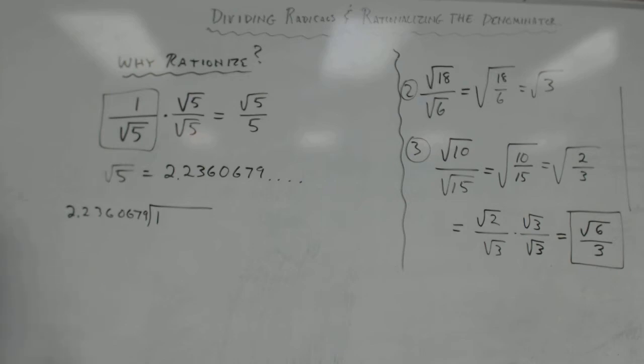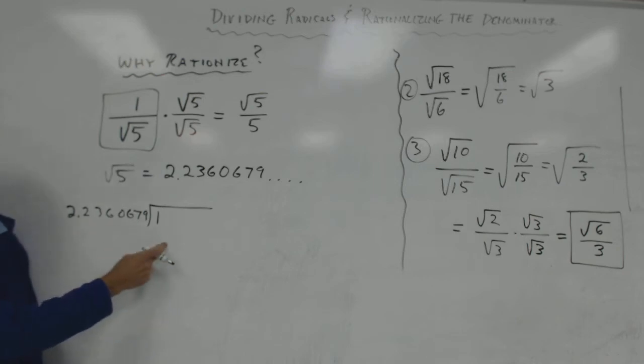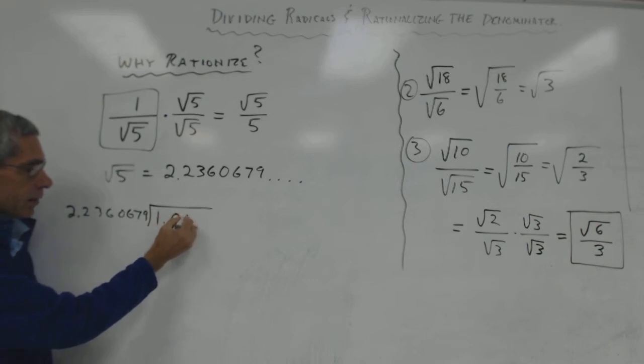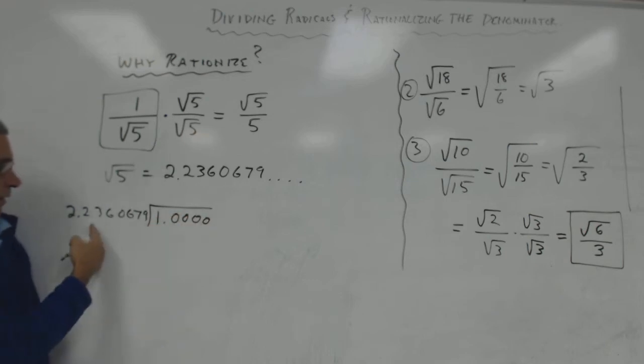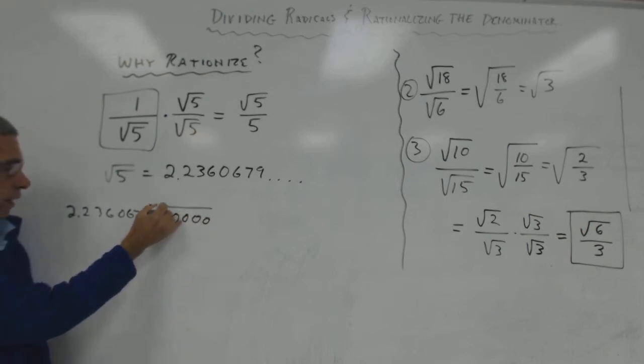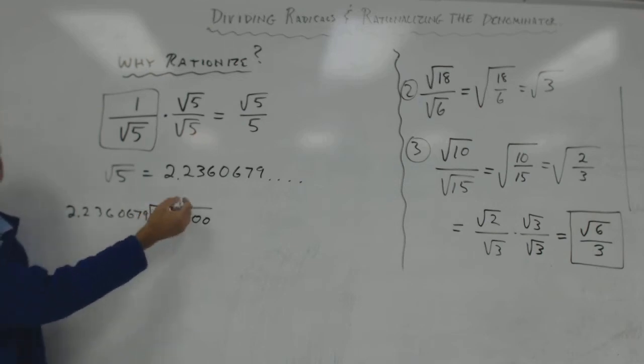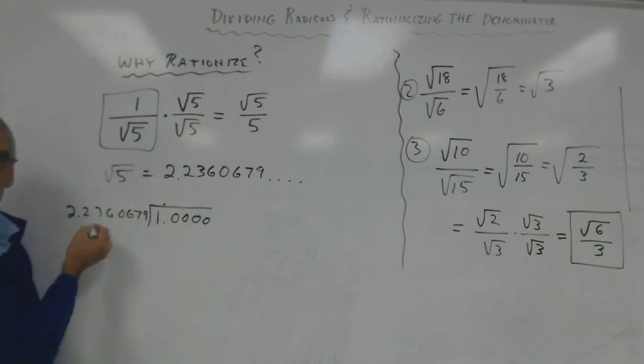Do you see what a nightmare that would be? How many times does 2.2360679 go into 1? It doesn't go into 1, so I'd have to put a decimal here. How many times does that go into a 10? That would be a nightmare, and then I have to multiply forever, right?